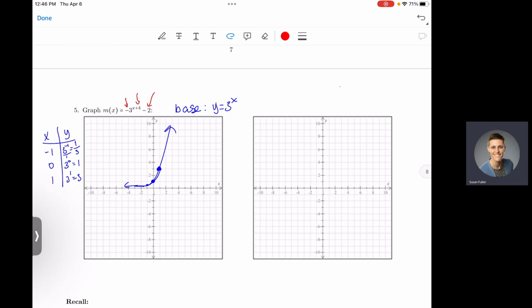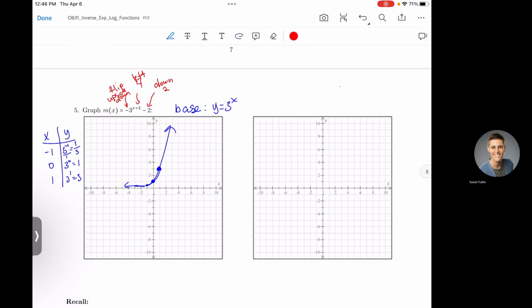The negative out front is going to flip us upside down. This +4 up here with x is going to shift us left 4 units. And this -2 outside over here is going to shift us down 2 units.